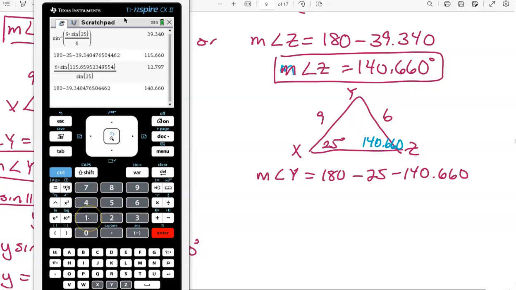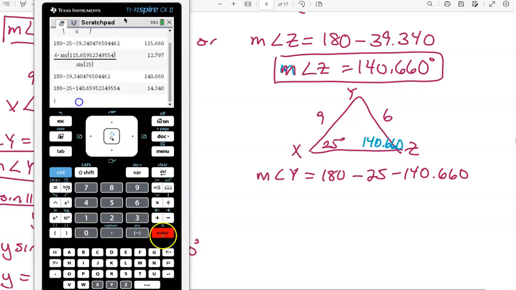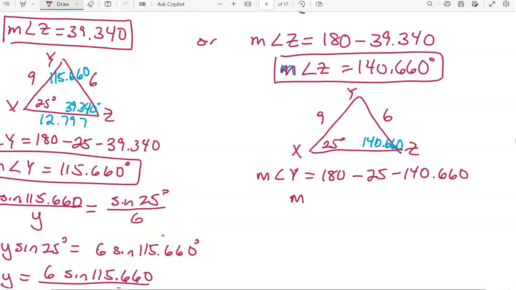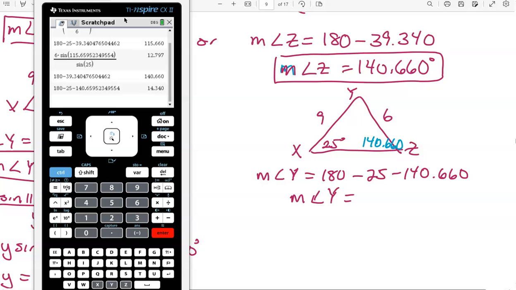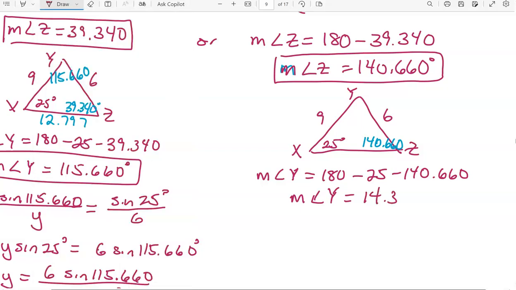So 180 minus 25 minus, and then go up and grab that number and see that it brings down the unrounded version of that number. Press enter. Measure of angle Y is equal to, looks like we've got 14.340 degrees.